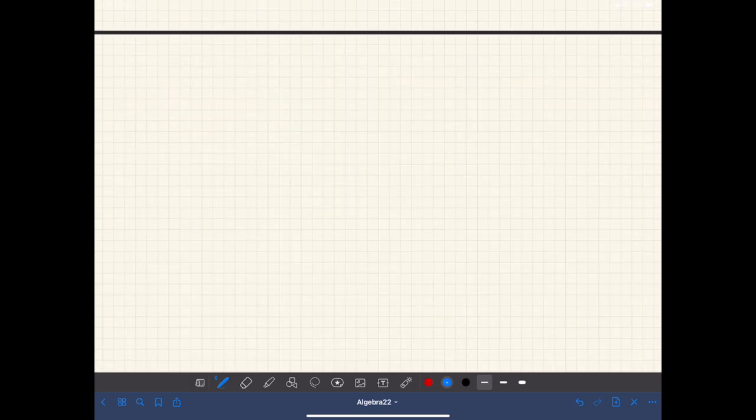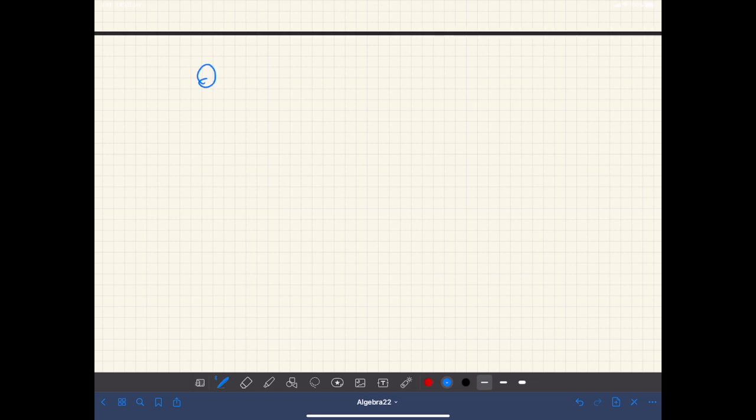And another example, let's say Q star. Consider Q star as the multiplicative group of non-zero rational numbers. So this is a group under ordinary multiplication of numbers.